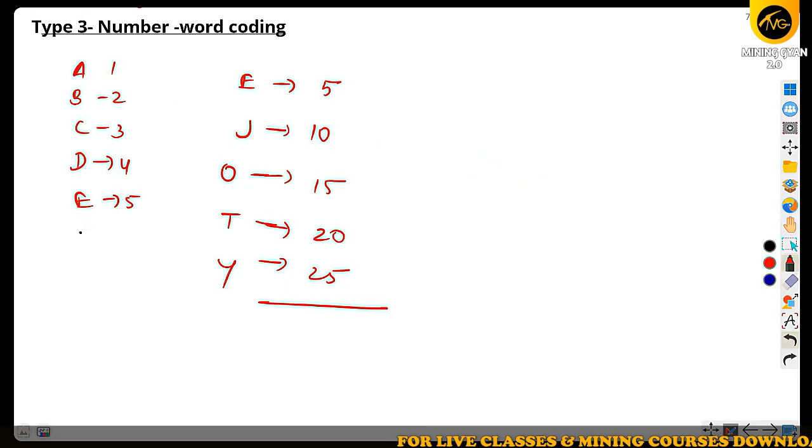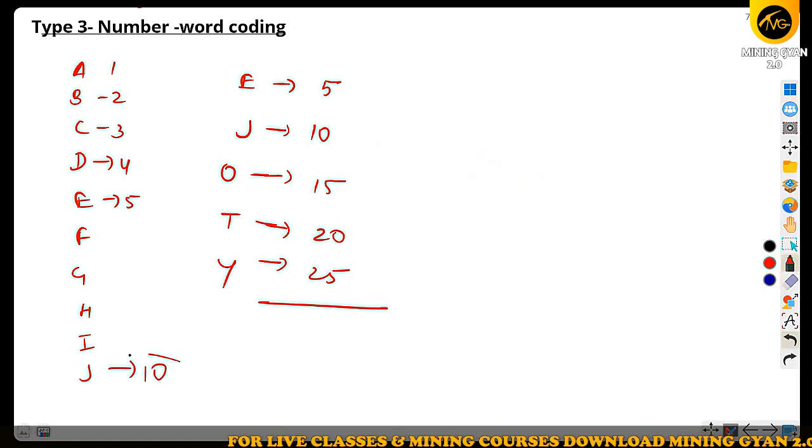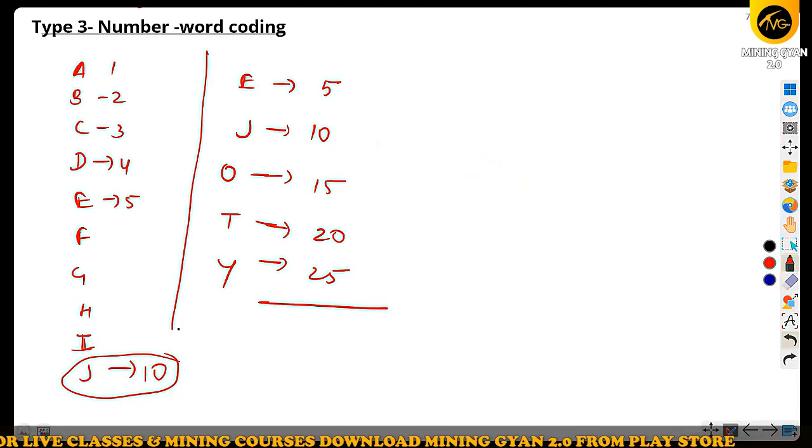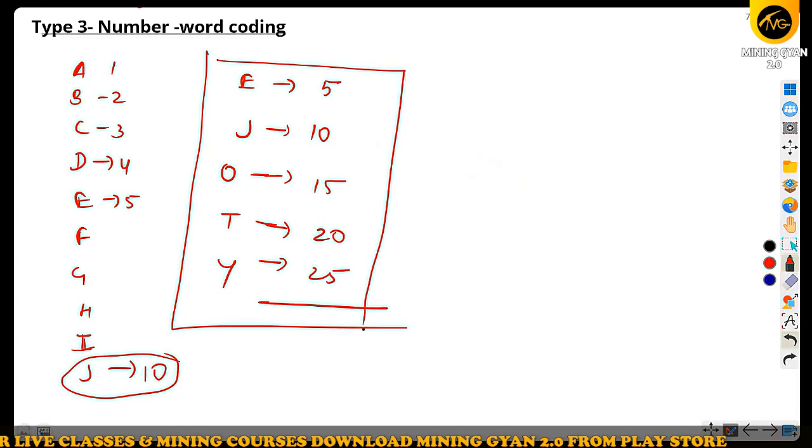Similarly, E, F, G, H, I and J is 10. If you remember J, then you can easily get I and H by adding or subtracting, and you can easily decode the numbers for each and every alphabet. So just remember these 5 and you can easily find the codes for the other remaining alphabets.